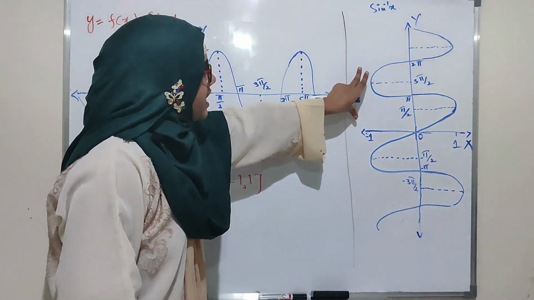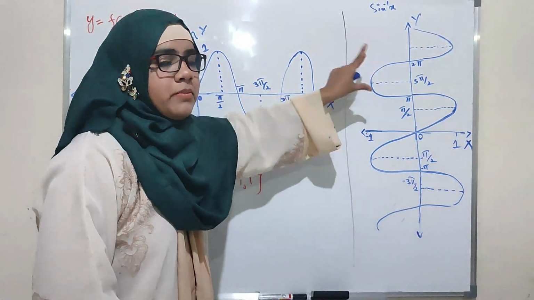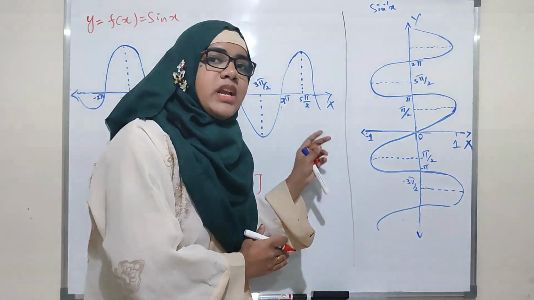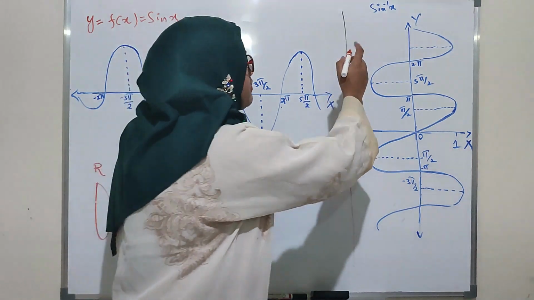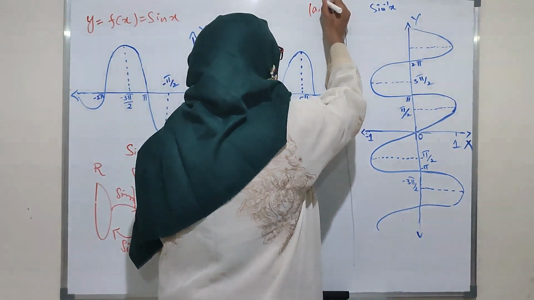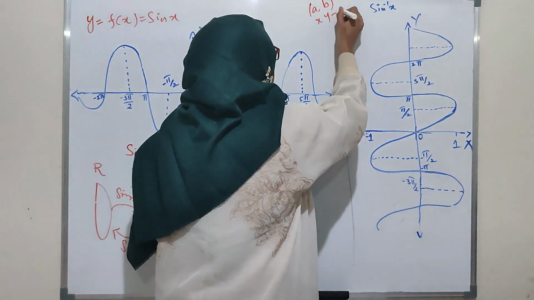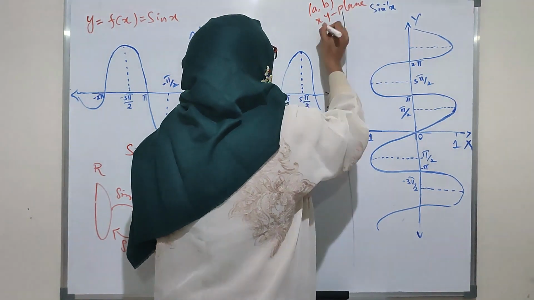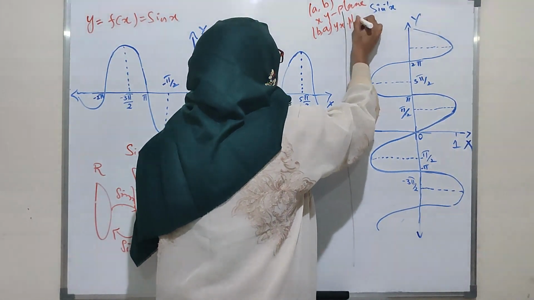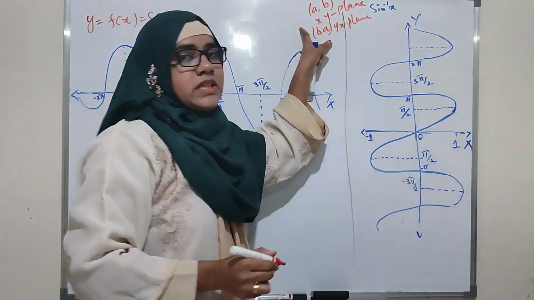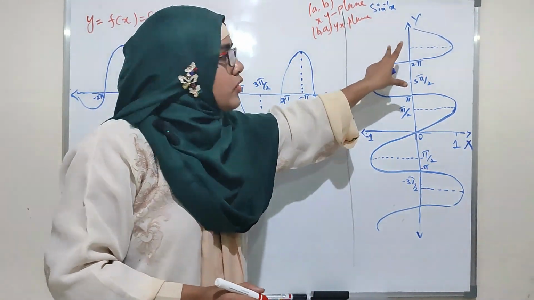The sin inverse of x graph is obtained by interchanging the x and y values, by changing values in the x and y axis. That means, suppose a point (a, b) on the xy plane becomes (b, a) on the yx plane. Okay, by interchanging these points, we can draw this graph.